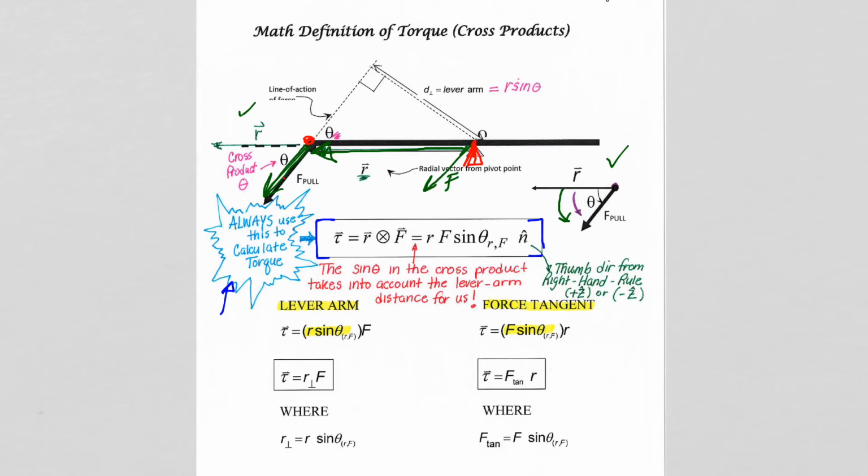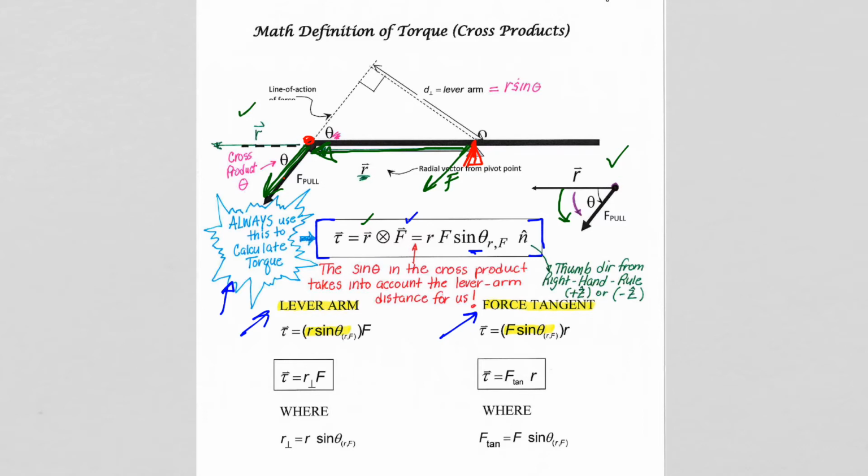Counterclockwise rotation is positive. If we look at what R cross F is doing for us, it is taking the magnitude of R, magnitude of F times the sine of the angle between the two as drawn from a common origin, and it's that sine of the angle that is taking care of our lever arm calculation or our force tangent calculation.